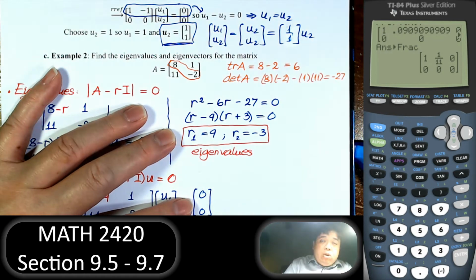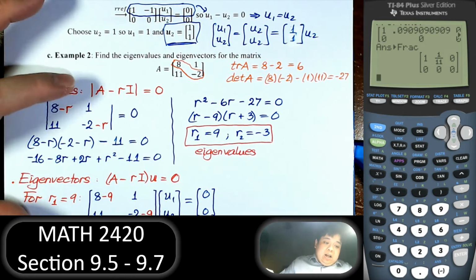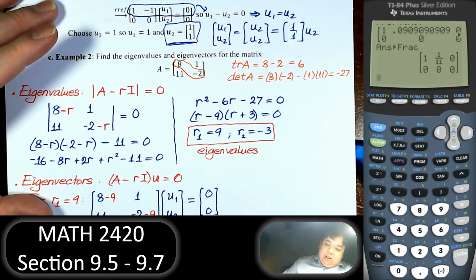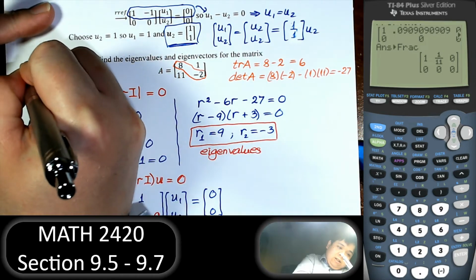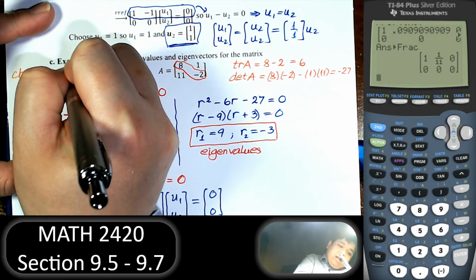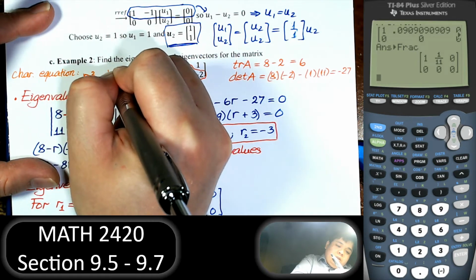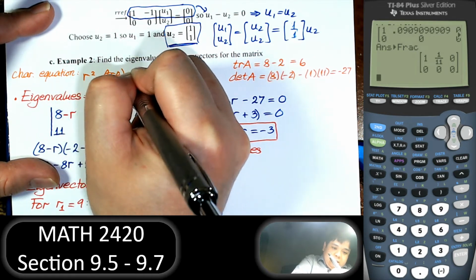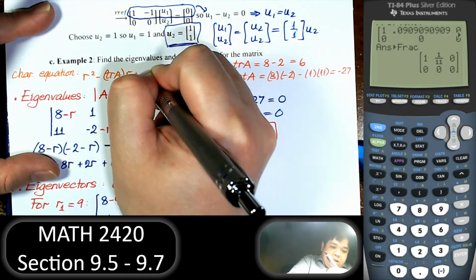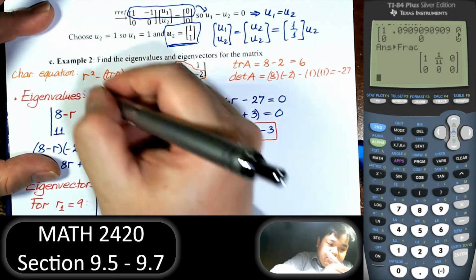It can be shown that for 2 by 2, the characteristic equation, if we have the trace and we have the determinant, is r squared minus the trace of A times r plus the determinant of A equal to 0.